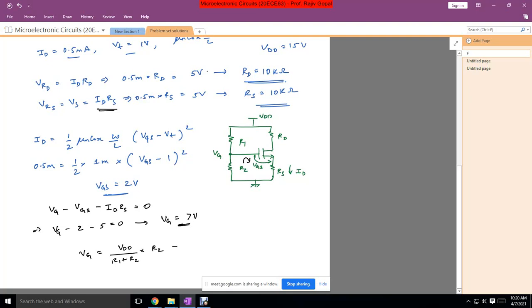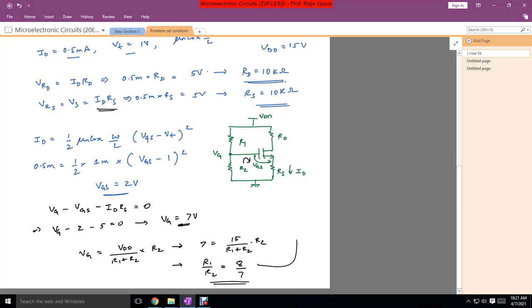So substitute all the values here. 7 is equal to VDD, 15, divided by R1 plus R2 into R2. If you solve this, you get R1 by R2 is equal to 15 minus 7, 8 by 7. R1 and R2, the ratio is 8 by 7.